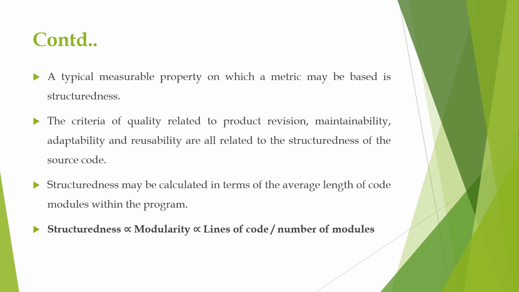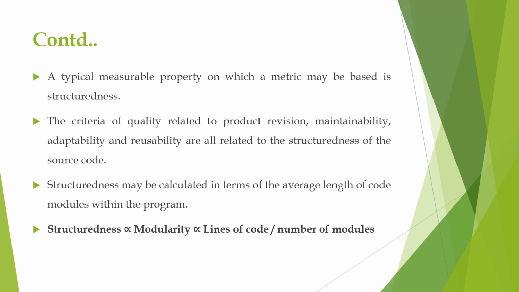Measurement techniques applied to software are more akin to the social sciences, where properties are similarly complex and ambiguous. A typical measurable property on which a metric may be based is structuredness.